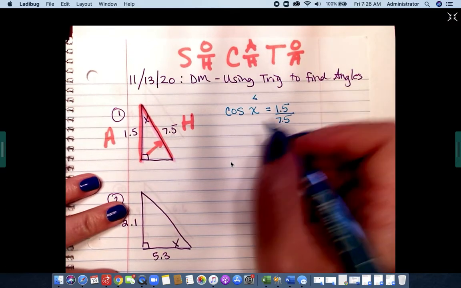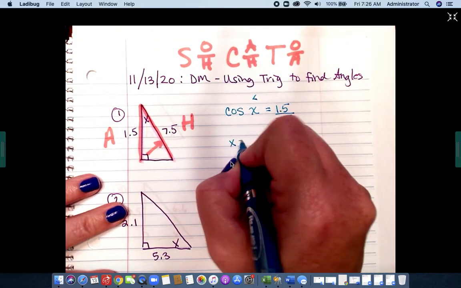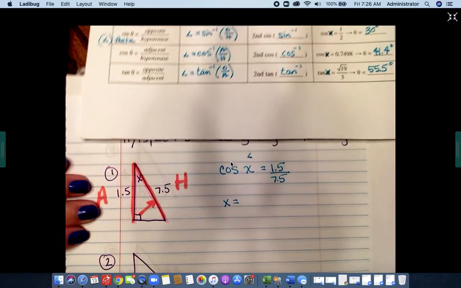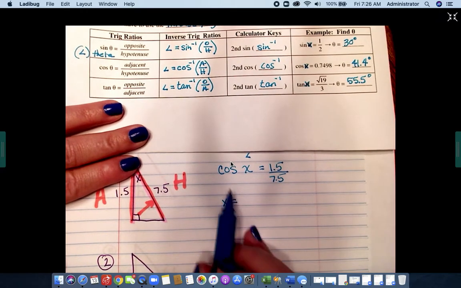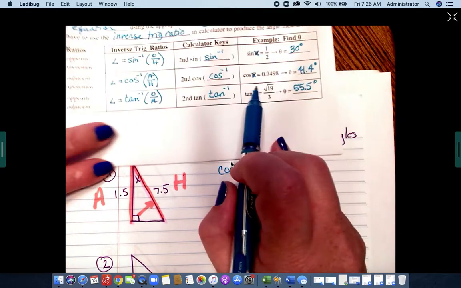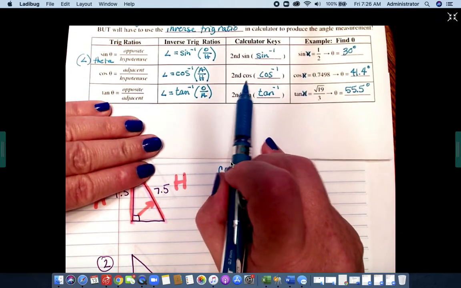So the question is, how do I solve? This is where you go to your chart, okay? Remember, the only difference is really we're doing calculator steps. So if I know that the cosine of my angle is adjacent over hypotenuse, then how do I find my value? I do second cosine.